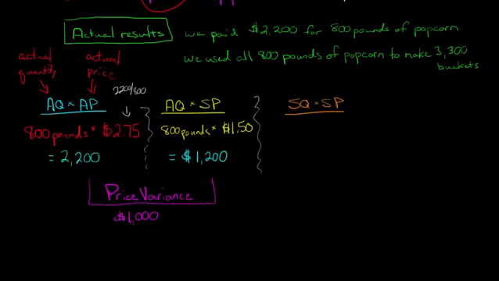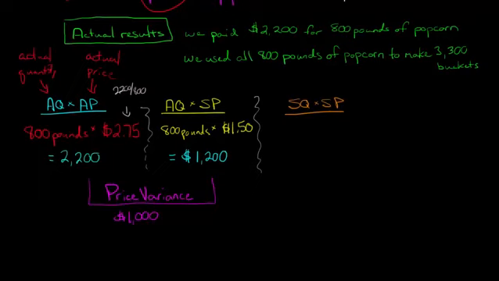Well, that's what we changed, right? We kept quantity constant. In each column, we're multiplying by the actual quantity. What did we change? We changed the price: the actual price versus the standard price. So this variance here is really telling us the difference between the actual price and the standard price of what we paid. And if we look, we say, okay, is this $1,000 a good thing or a bad thing?